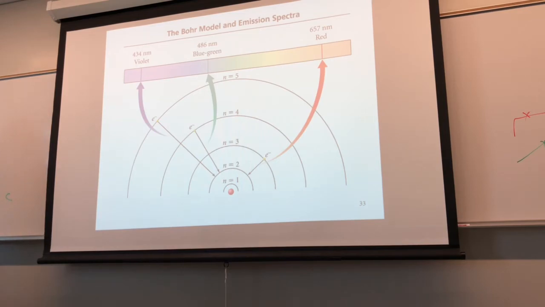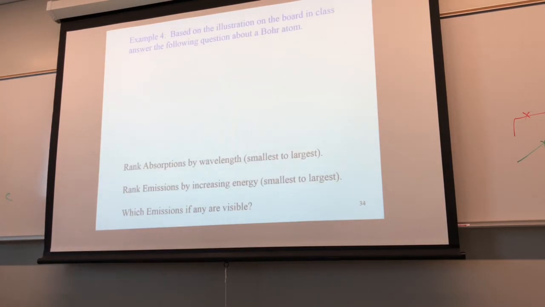Now, what I would like us to be able to do is to solve a question like this. Based on the illustration on the board in class, answer the following questions about the Bohr atom. Rank the absorptions by wavelength, smallest to largest.